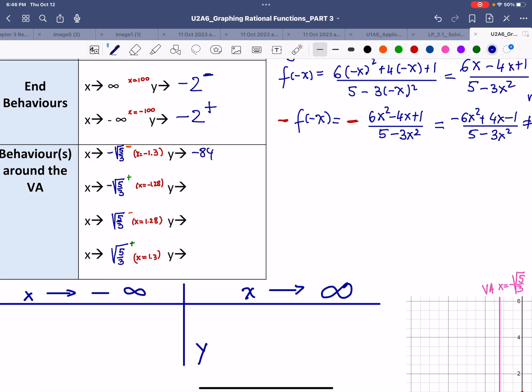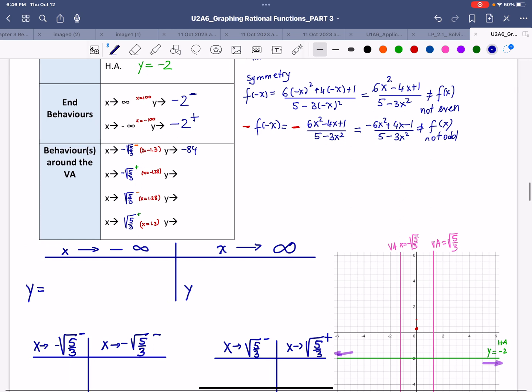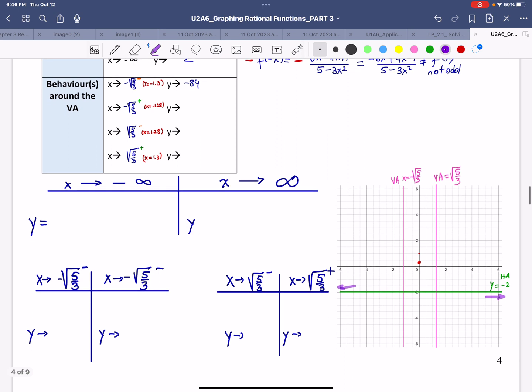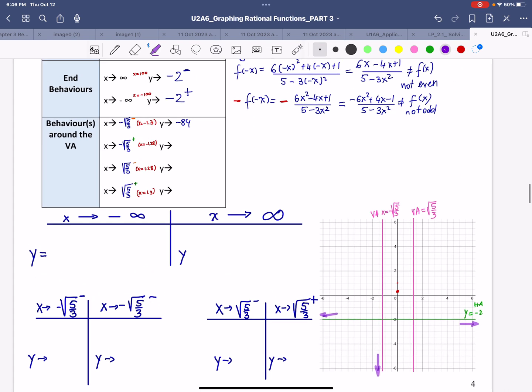So negative 84 would be the value of y at x equals negative 1.3, which tells us that the graph of this function as x approaches negative root 5 over 3 from the left-hand side, the y values will be heading down to negative infinity.